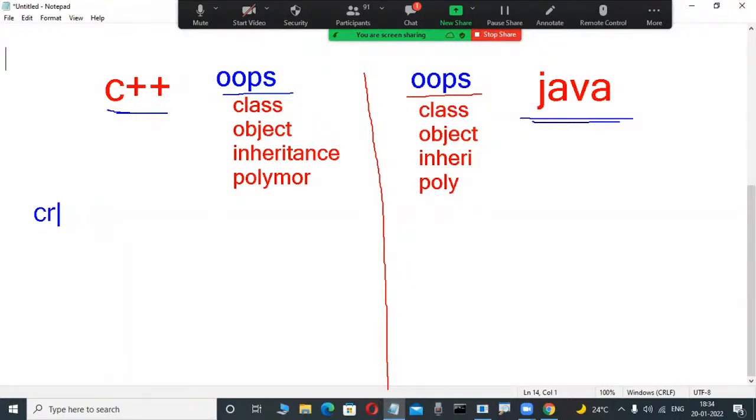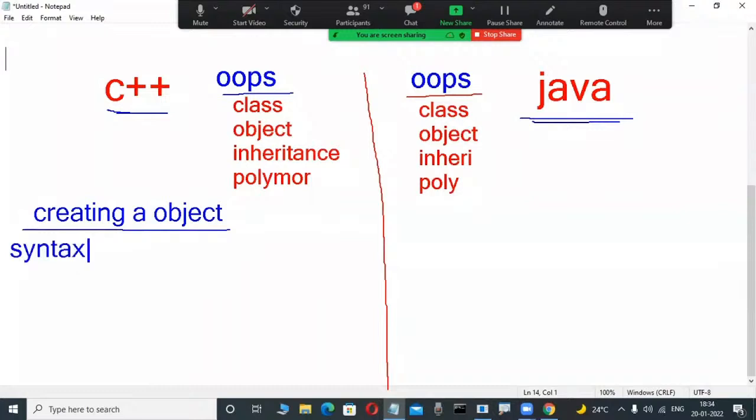So many persons have an idea. What is the syntax for creating an object from a class in C++? Slowly observe here, here is the difference. Class name, space, object name.